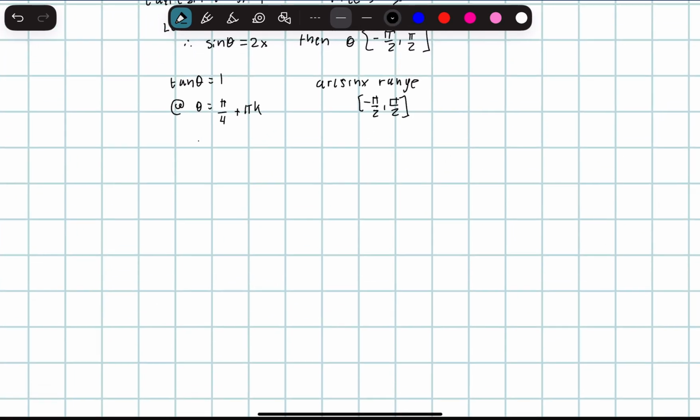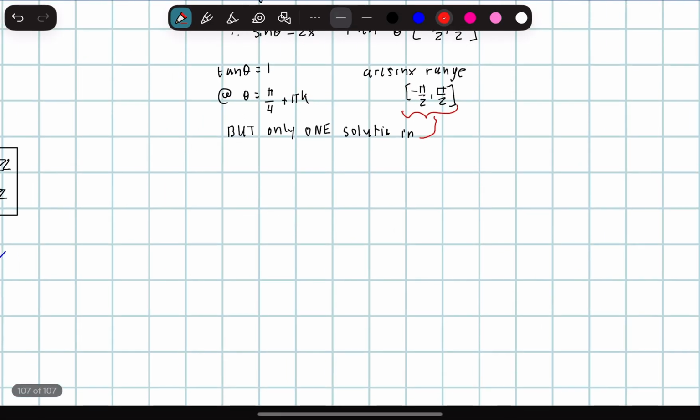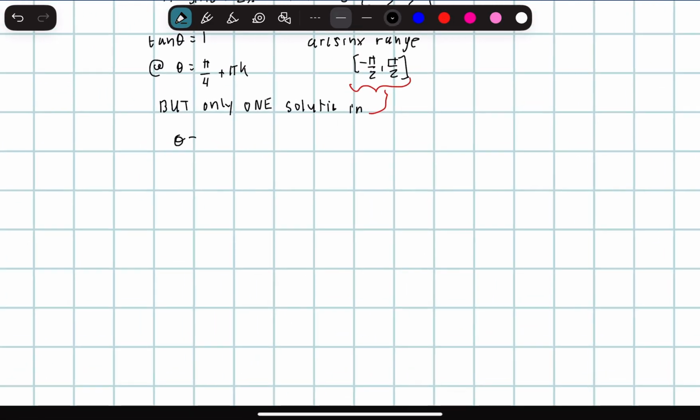There's only one solution in this range, so theta is equal to pi over 4.